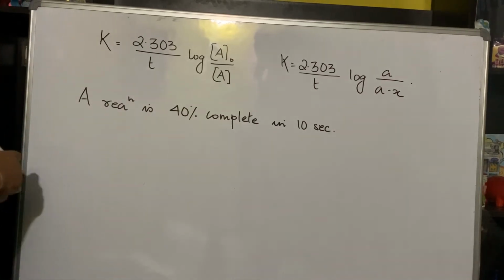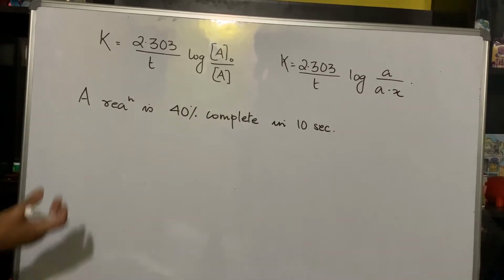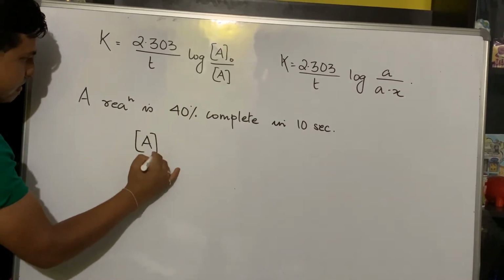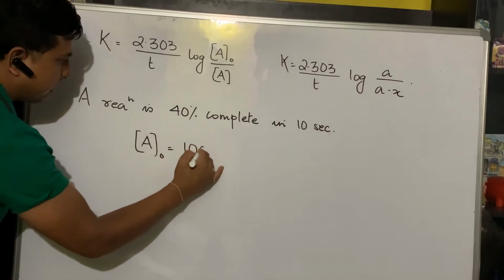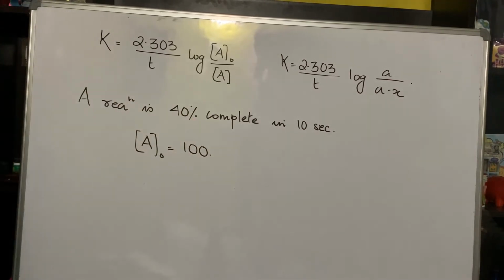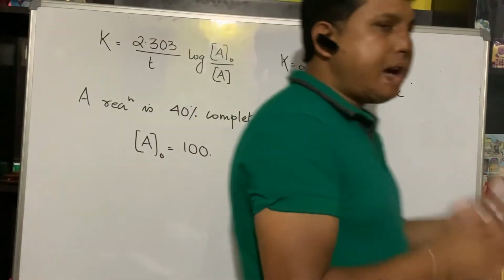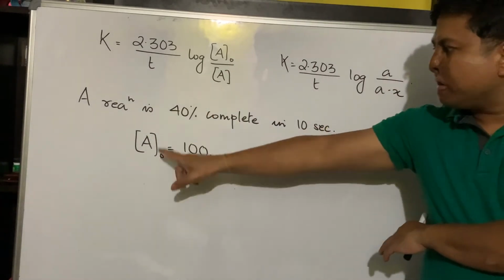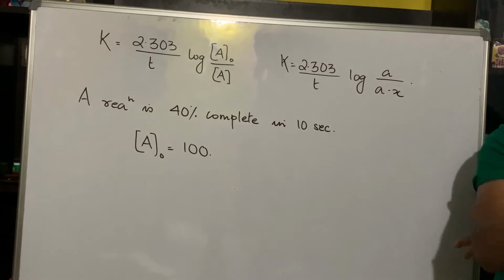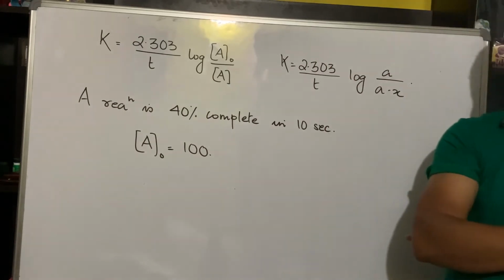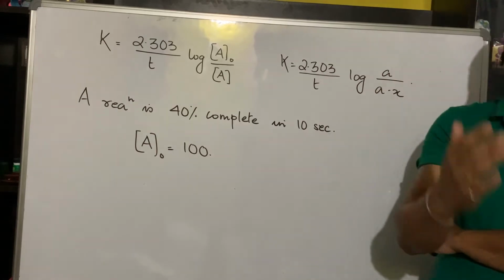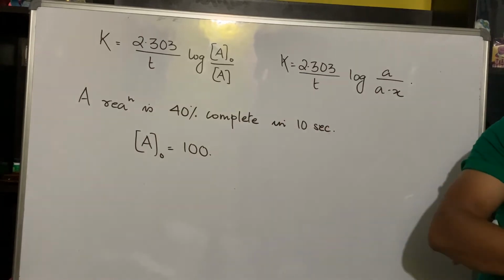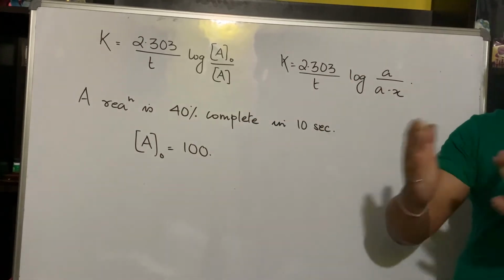A reaction is 40% complete means, since it is given in percentage, the initial concentration we take to be 100. Now the question says a reaction is 40% complete, which means out of the initial concentration 100, 40 has been converted into product. 40% of the reactant has been converted into product.